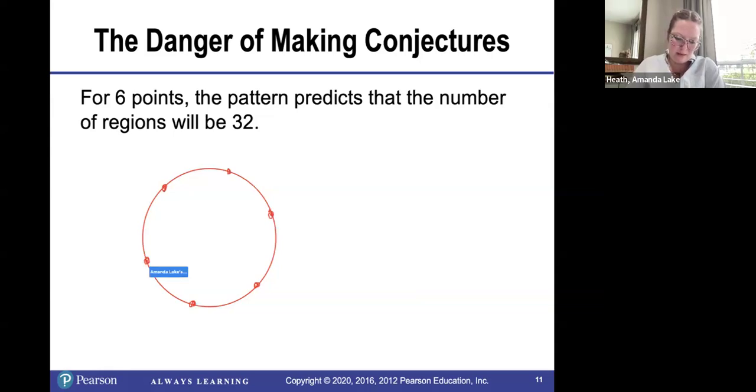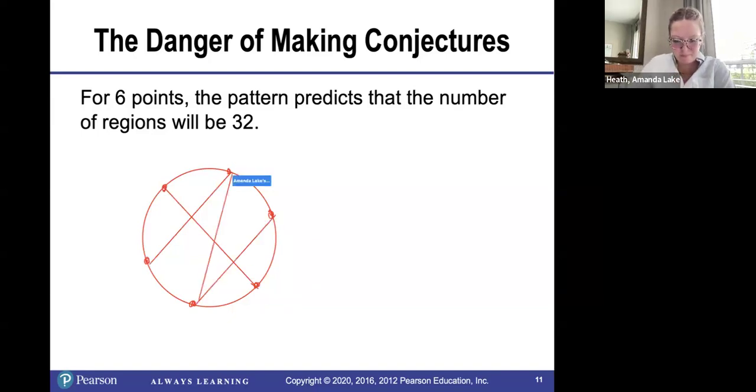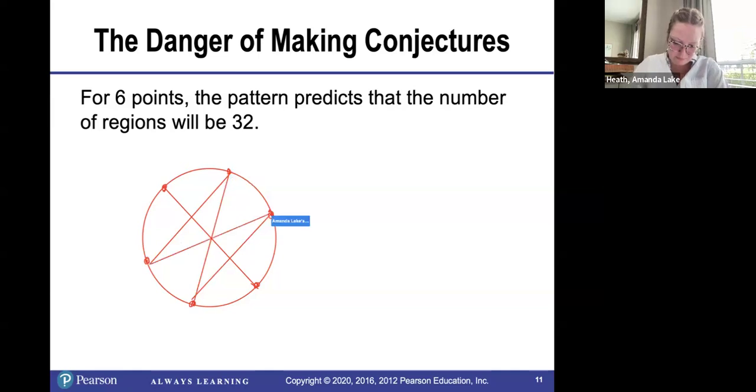And then I'm going to connect them all. Oh, I messed up my points. Okay. You have to be careful not to make regions that don't actually exist.